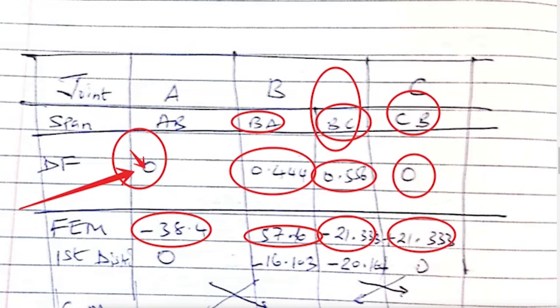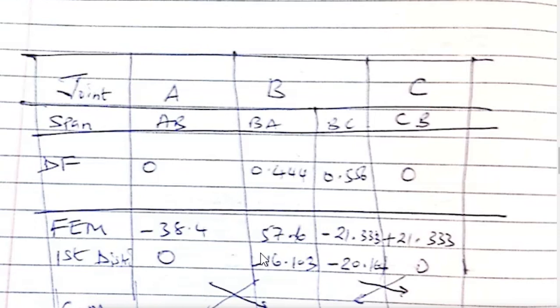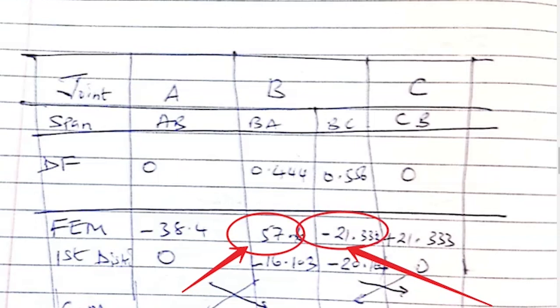So always we must start by calculating the unbalanced moment. If you add this one and also this one, the summation of 57.6 plus negative 21.6, you get the excess value.